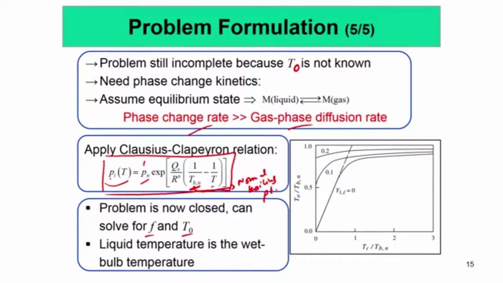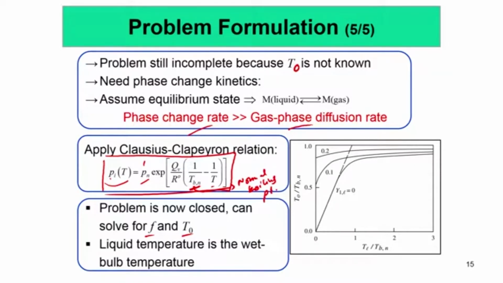So, this essentially solves our problem of estimating the evaporation rate or the evaporation flux from a liquid pool, in which there is continuous removal of the vapor flux that is coming out of the liquid pool.